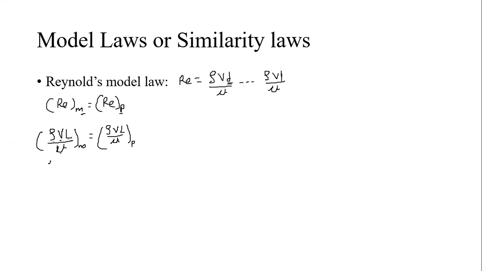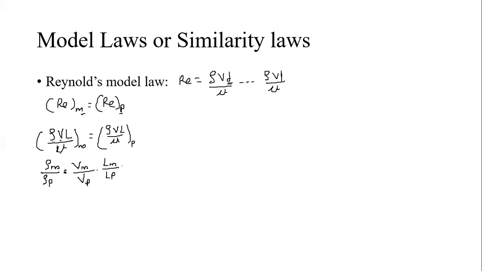So how will it be now? Density of the flowing fluid in the model, that is rho m, divided by the density of the flowing fluid in the prototype, into the velocity of the flowing fluid in the model at a particular point divided by the velocity of the flowing fluid in the prototype, into the length of the model divided by the length of the prototype.